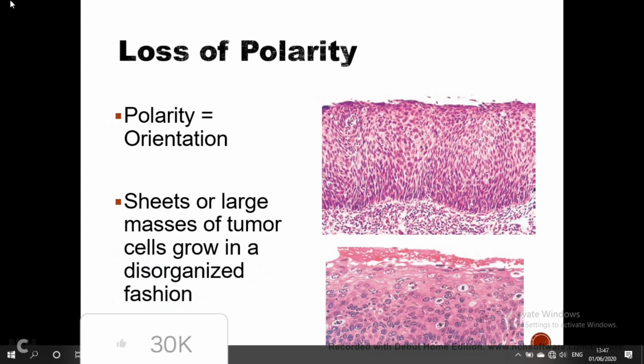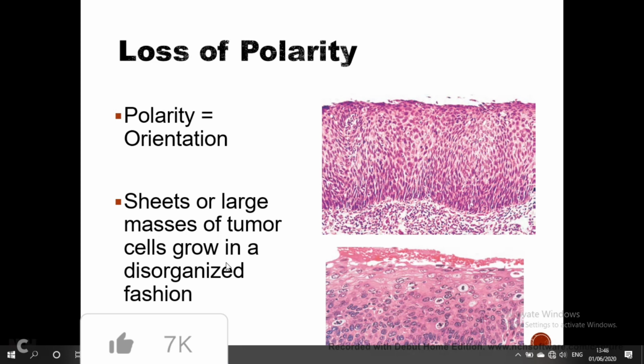Loss of polarity, as I just explained to you, is about orientation. All these squamous lining epithelium or any other epithelium have a particular orientation. But when it is a tumor, these cells lose their orientation. They do not form layers and multiple layering, or they do not resemble their normal counterparts.